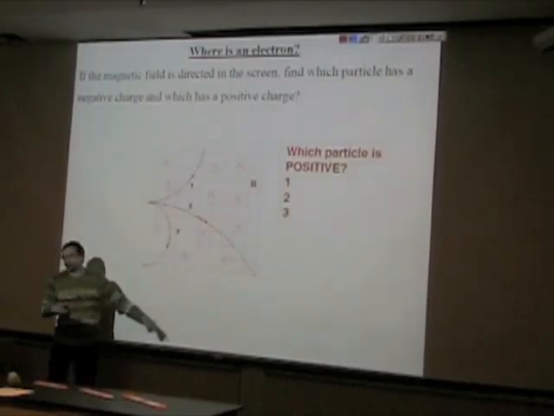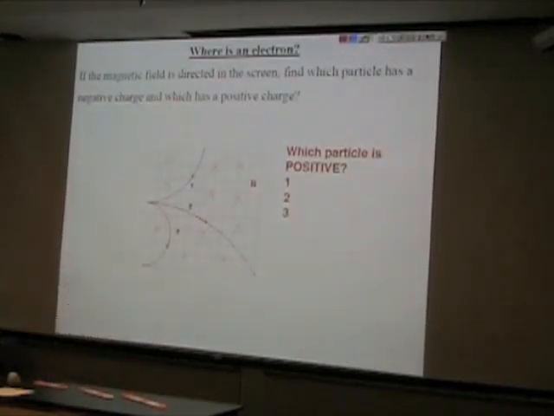The particle number 1. So first of all, in order for this particle to move like it's shown, this is the trajectory of this particle, the force acting on this particle here must point straight up. That's what makes it curve. Well, it's a counterclockwise motion.